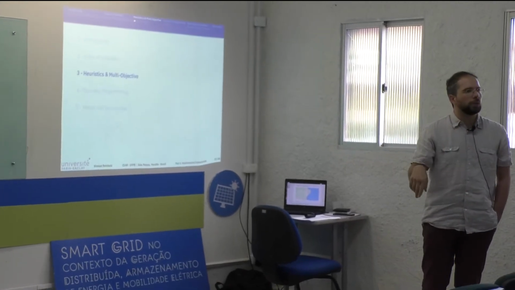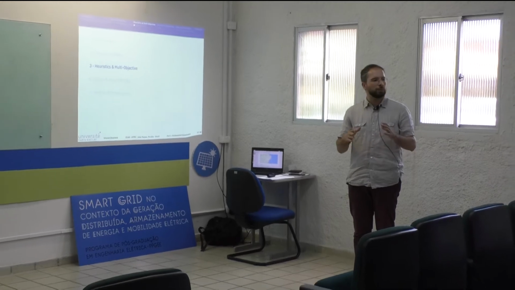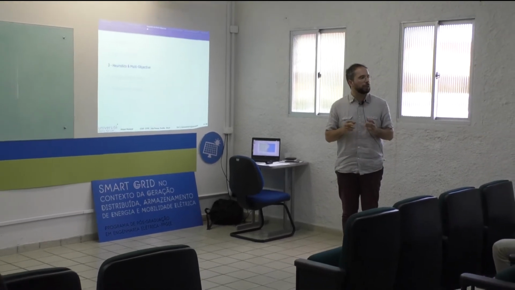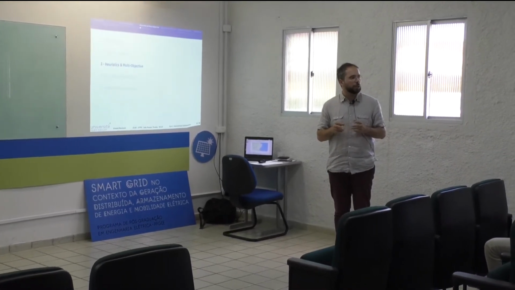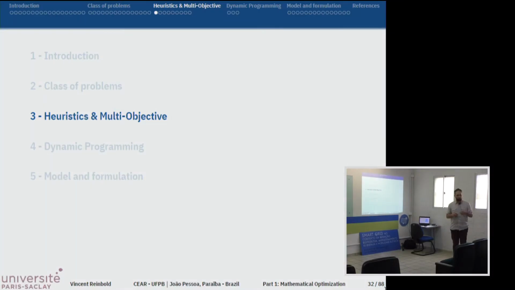So yesterday and today, we talked about the classes of mathematical optimization that we call deterministic. Deterministic means two things. First, the model is completely defined, okay? All the parameters are known, all the objective functions are known as equations, and the constraints are well known, okay?